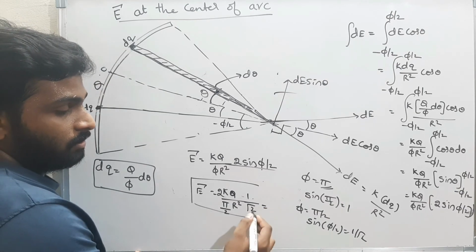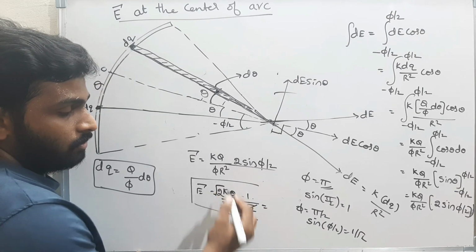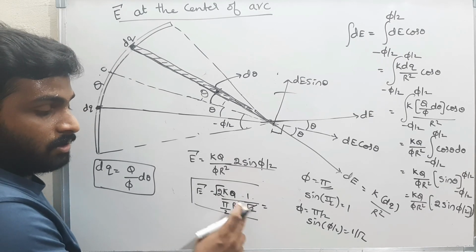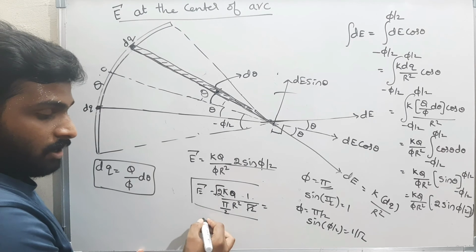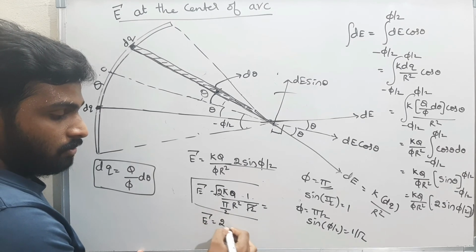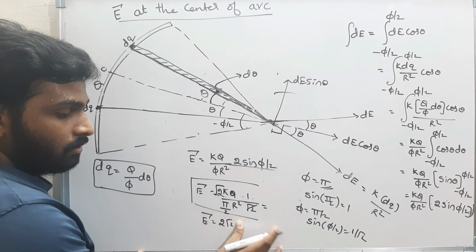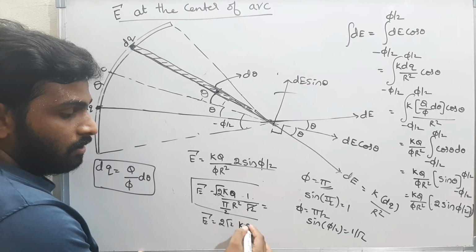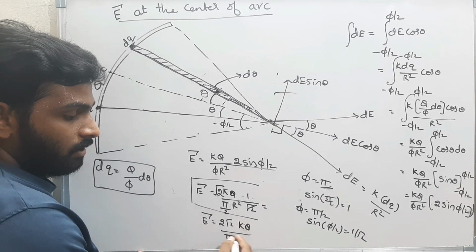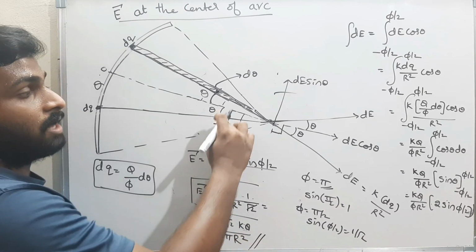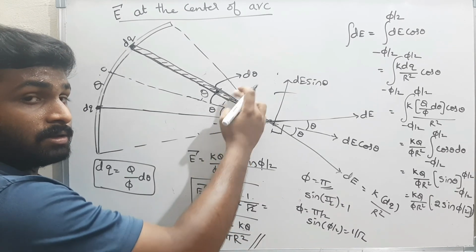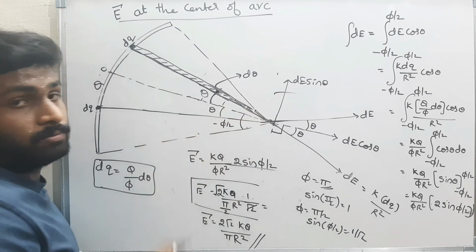What is the answer? Root 2 and root 2 cancel off, and instead of 2, I am writing root 2. Therefore, the electric field is 2 root 2 kq by pi r square. That is the electric field if the arc is having an angle pi by 2.